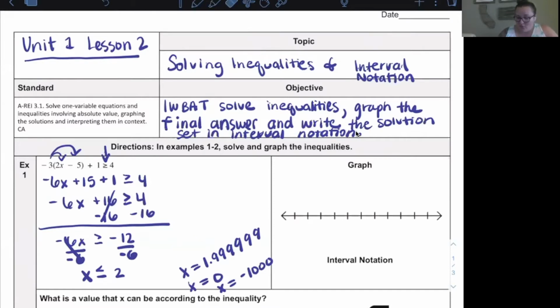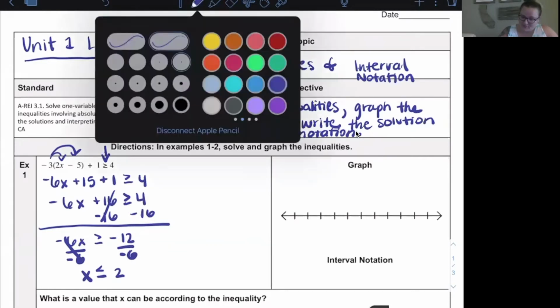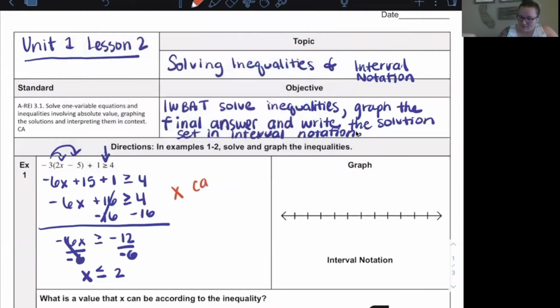So we have multiple solutions. We have a solution set. So x can be any value that is less than or equal to 2.